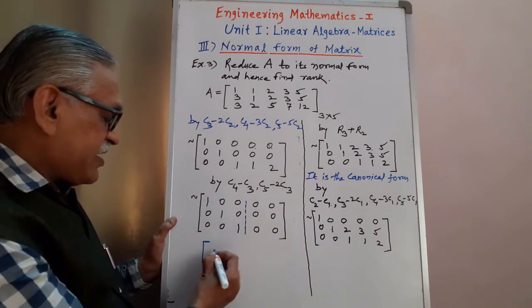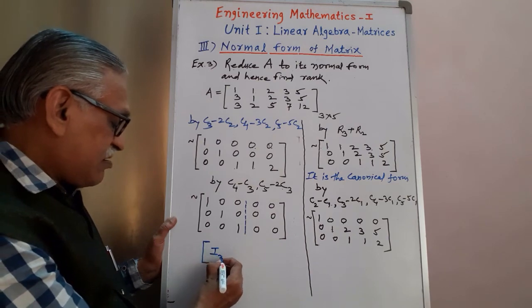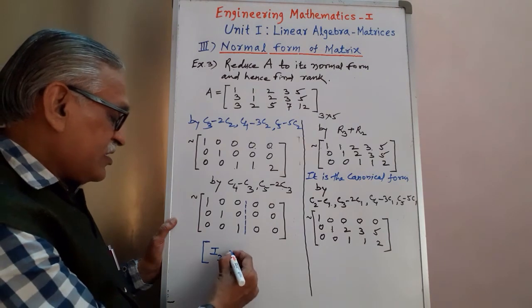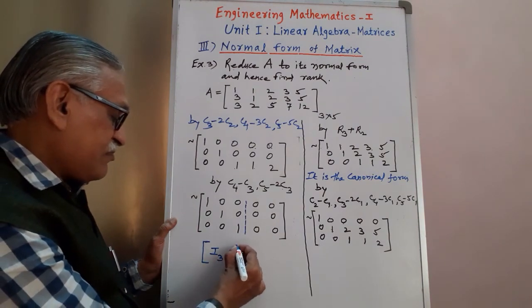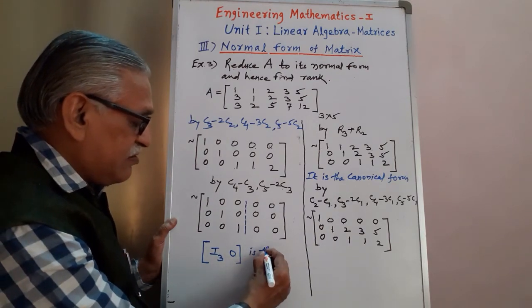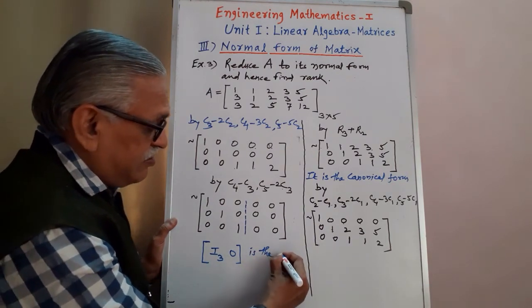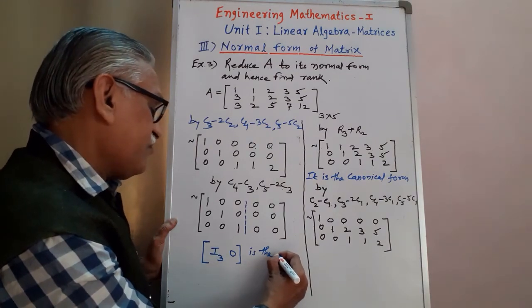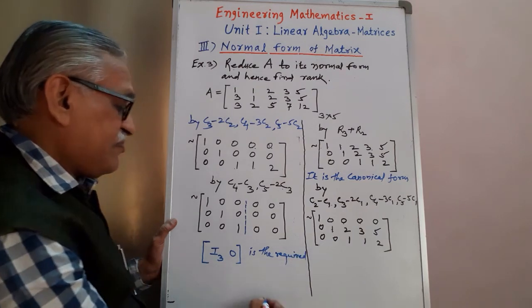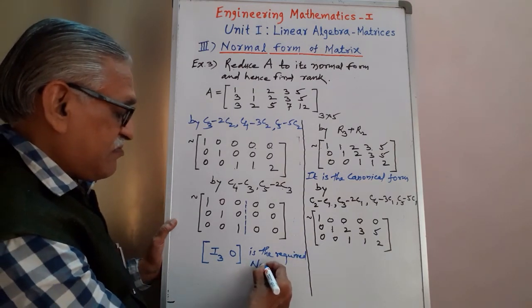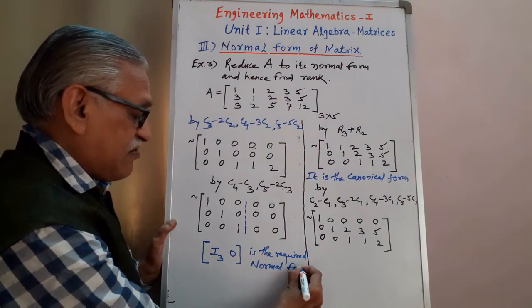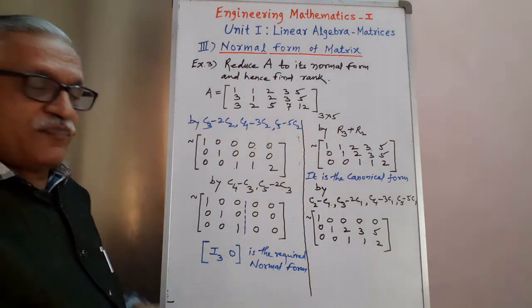This is the identity matrix of order 3, and in front of it a 0 matrix. Therefore, this is the required normal form.